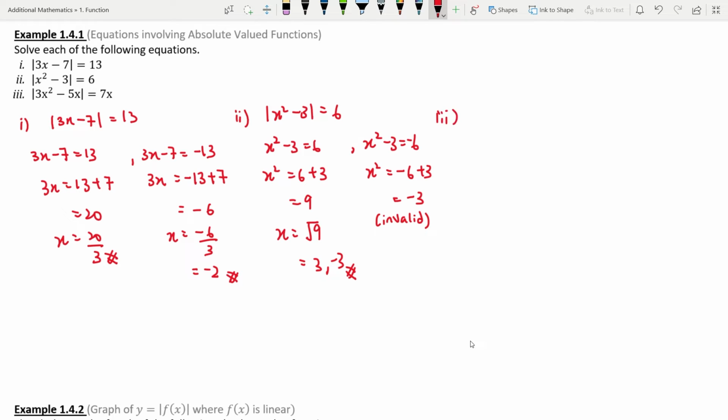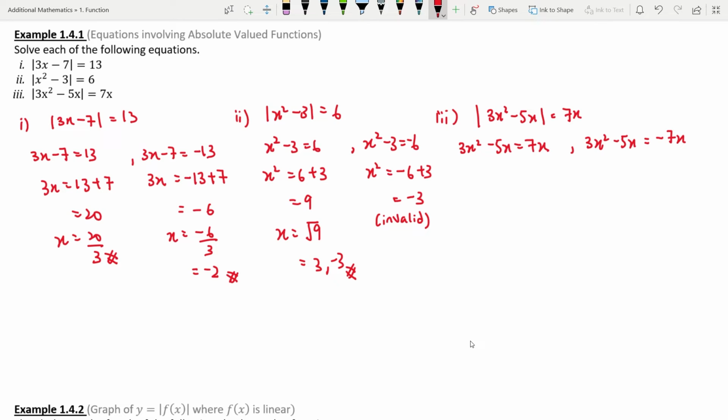For the third one, we have modulus 3x squared minus 5x equal to 7x. For the first equation, we have 3x squared minus 5x equal to positive 7x. And the second equation, we have 3x squared minus 5x equal to negative 7x. Let's solve the first equation.